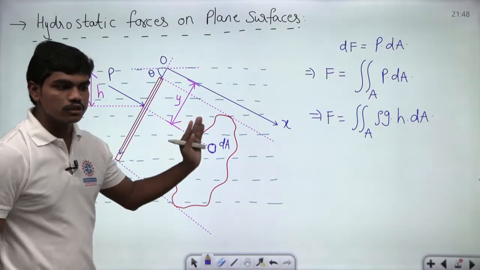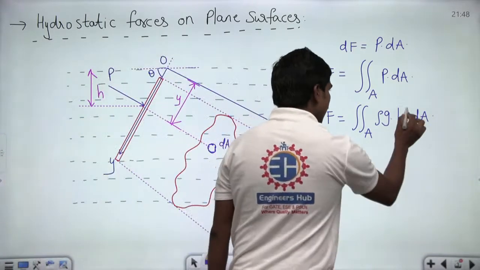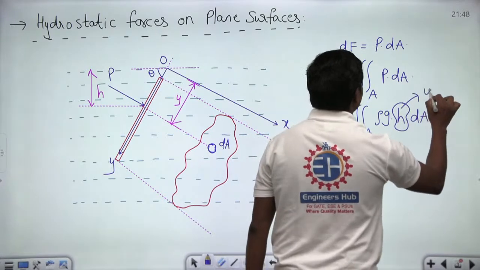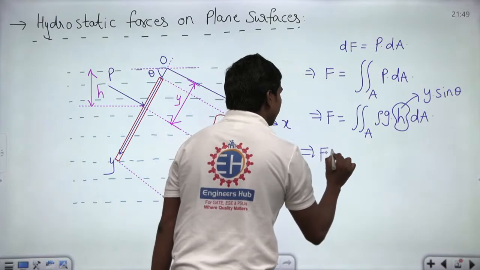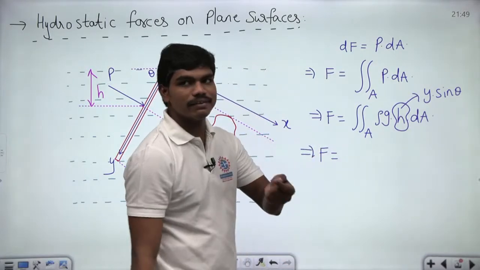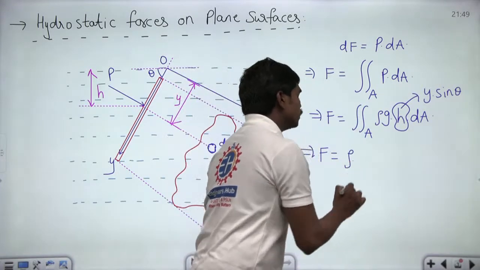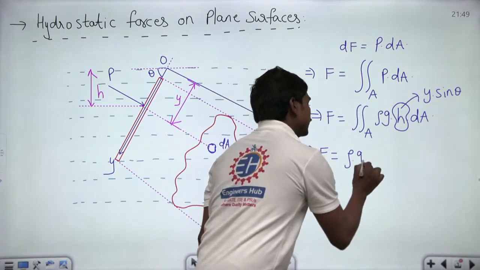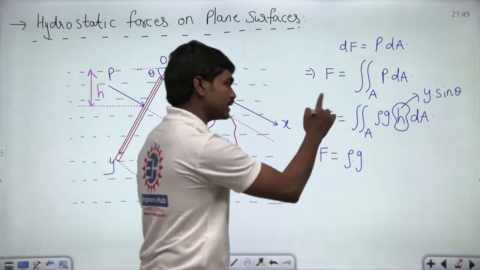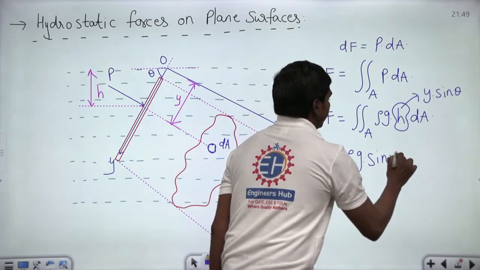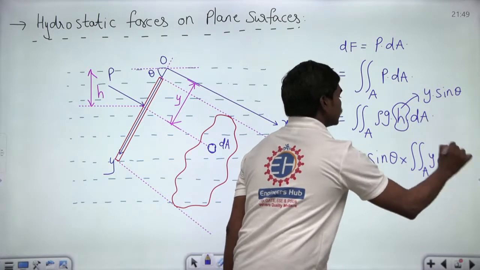For the time being, let us write this h as y times sin theta, correct. So, this implies your total force acting on the plate is equal to, generally we deal with incompressible fluids, so we can take this density out as a constant. So, density into g is a constant, so rho g into, once the plate inclination is fixed, sin theta is a constant, so we will take it out, into the integral over the region A of y times dA, correct. This is what we have.